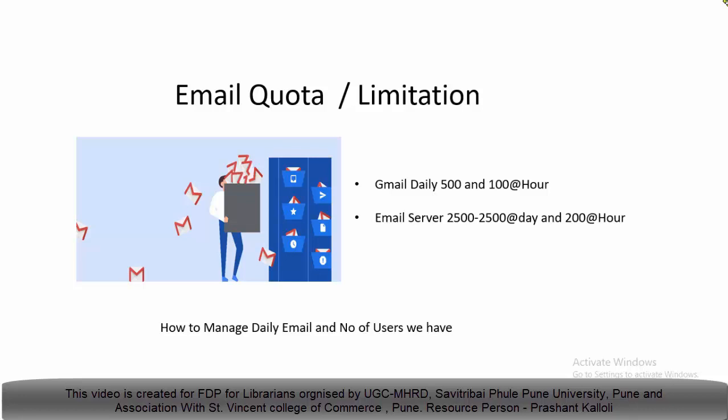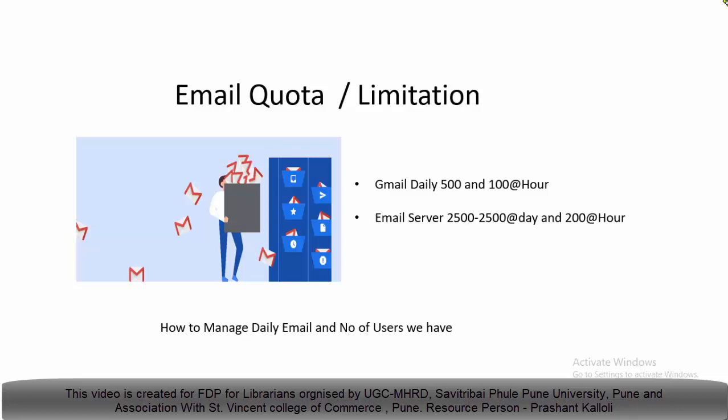Various email server providers allow up to 2500 mails per day and 200 mails per hour. It may be a subscription service. If you have a Google G Suite account, then you can send 1500 mails daily.